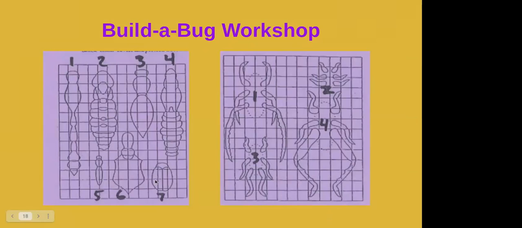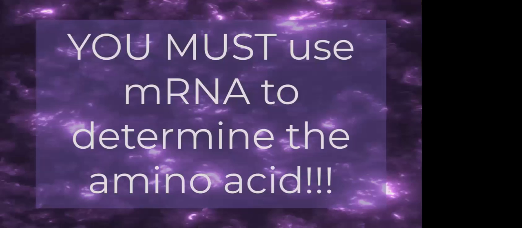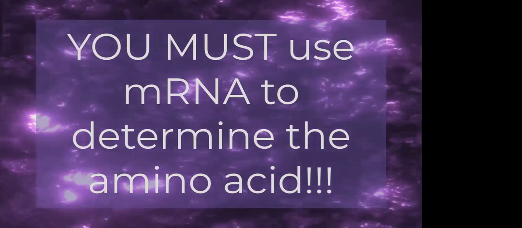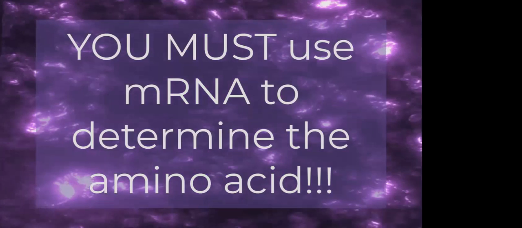This is also in the reference packet. And then these are leg styles you can see drawn here. So remember, you must use the messenger RNA to determine the amino acid. Sorry, not the DNA and not the tRNA.